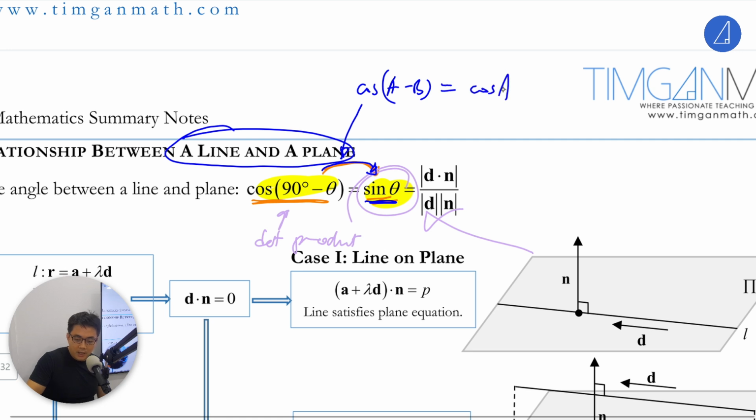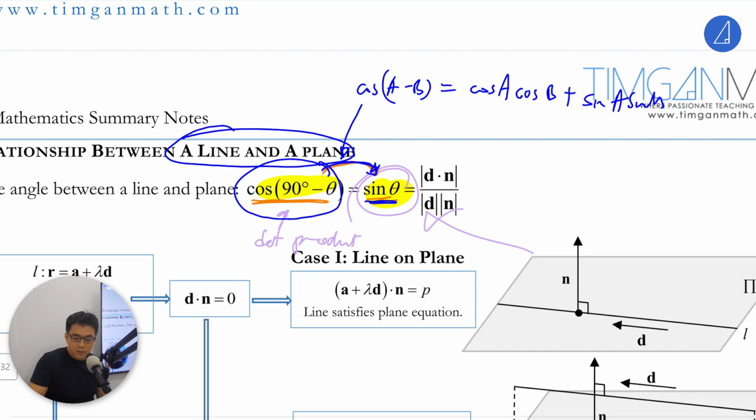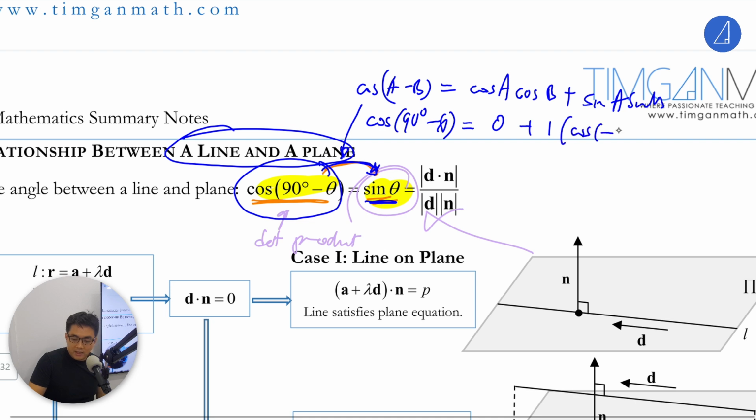So cosine A cosine B plus sine A sine B. So this formula that we just deduced can be reduced to sine theta. You can, so it's just cosine 90 minus theta equals to cosine 90, which is 0, times cosine theta, plus sine 90, which is 1, times sine theta.